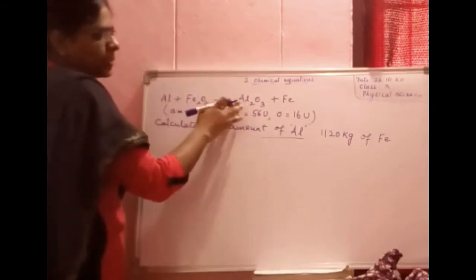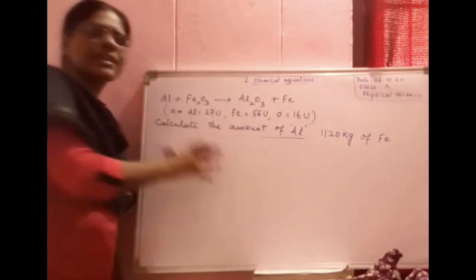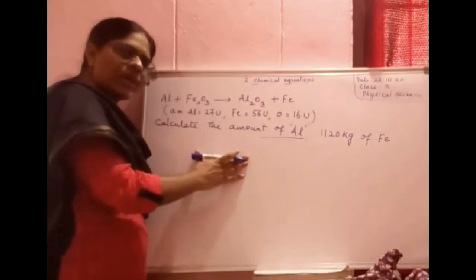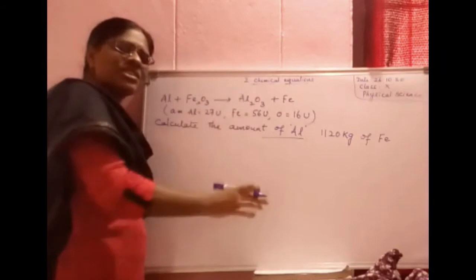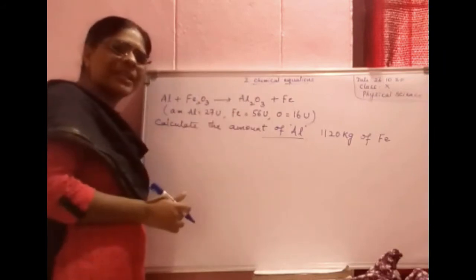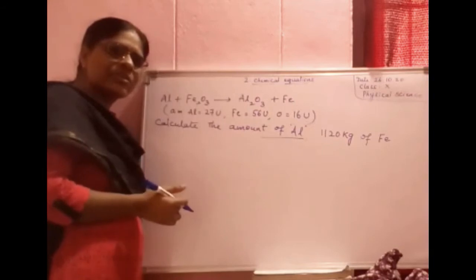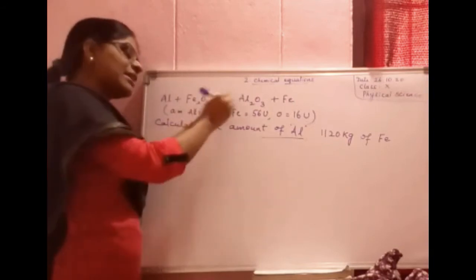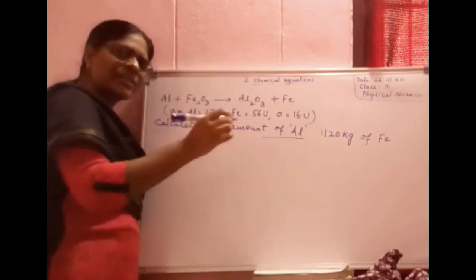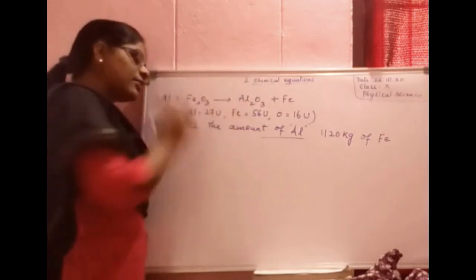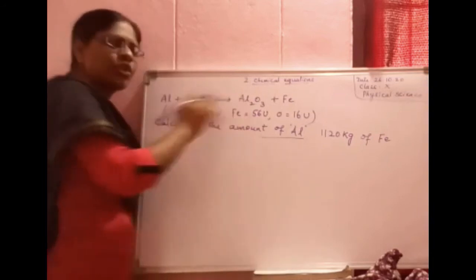In this, children, if the problem was given for 4 marks, don't do all the steps to balance the chemical equation, like LHS, RHS, balancing aluminium, iron. Don't do that. Directly write the equation and do the balancing.